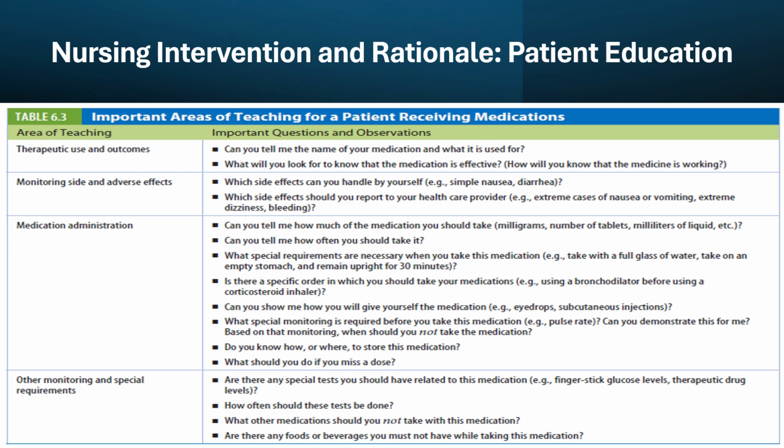Now, the table summarizes key areas of teaching and provides sample teachings or questions the nurse might ask, or observations that the nurse can make to verify that the teaching was effective.